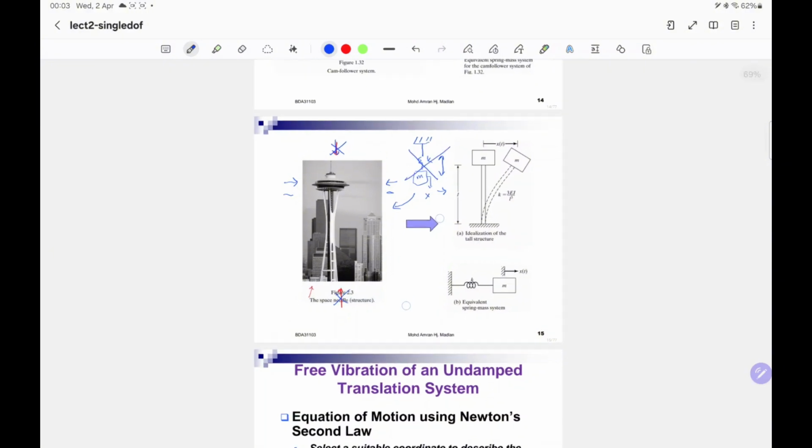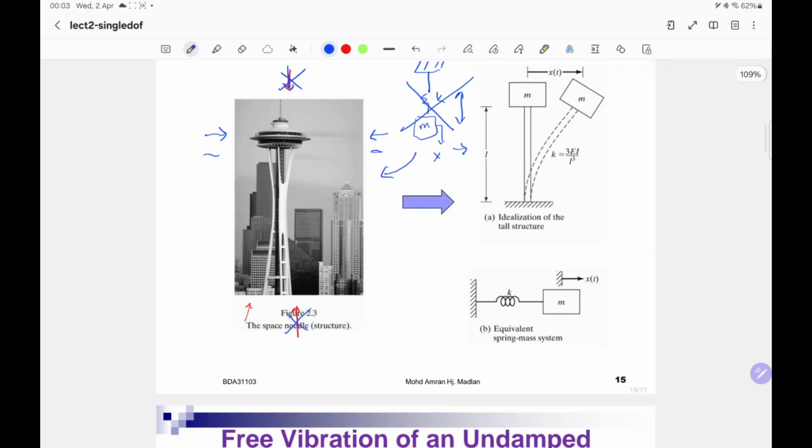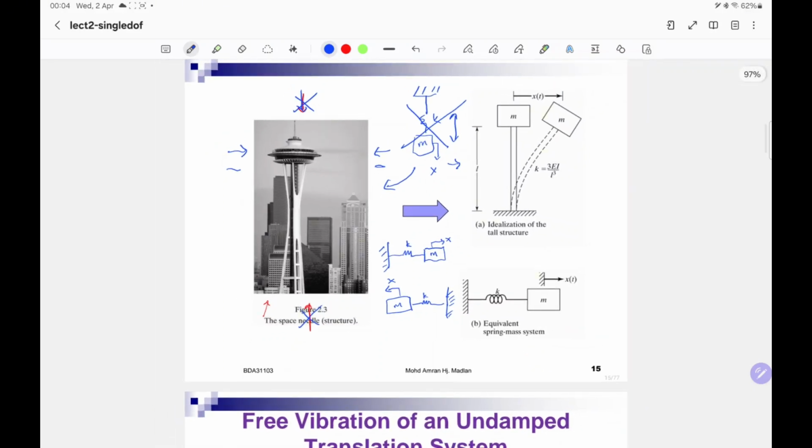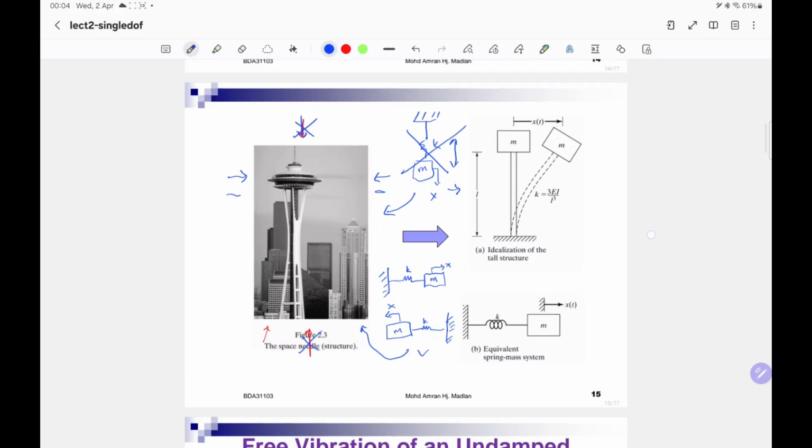In order to represent the vibration of this tower, the equivalent spring mass system will look like this. Or you can also draw it like this, as long as it shows that the vibration occurs horizontally. So this is the correct equivalent spring mass system that represents the vibration of the tower.